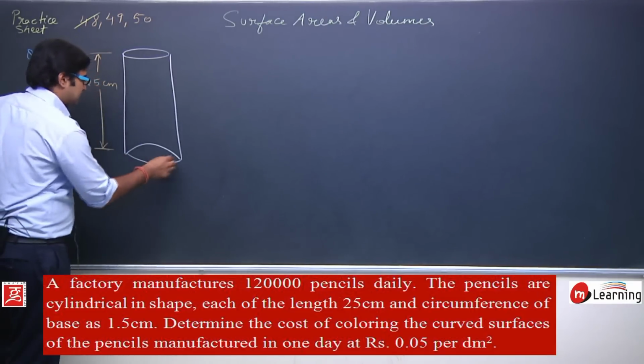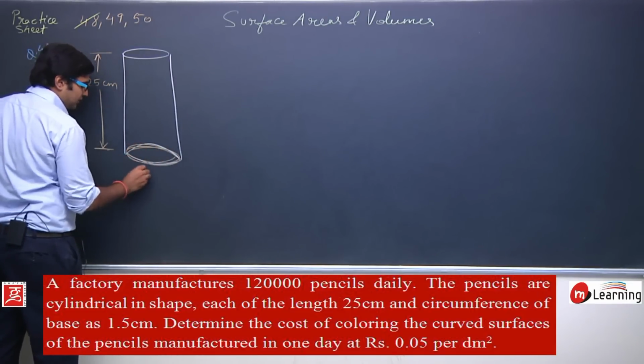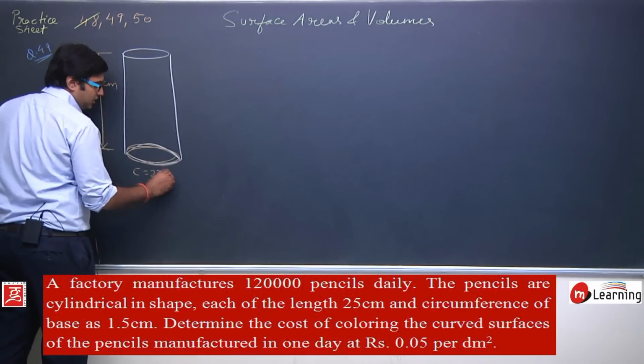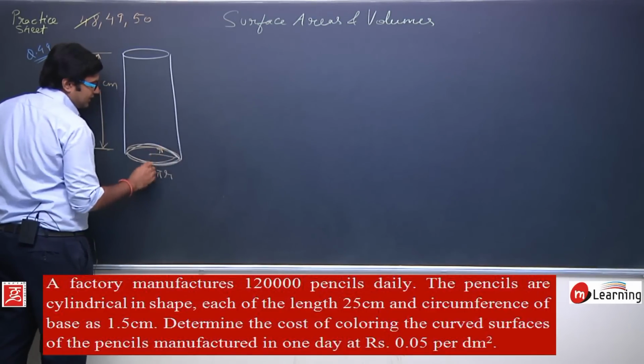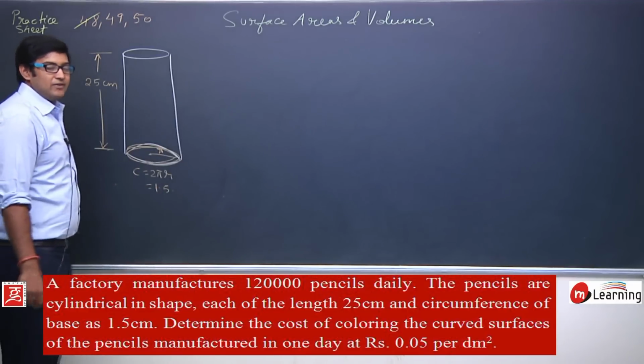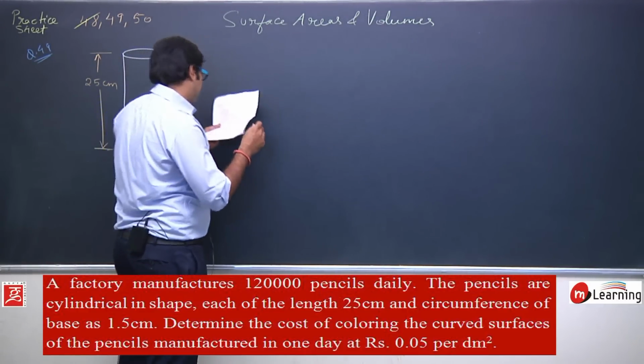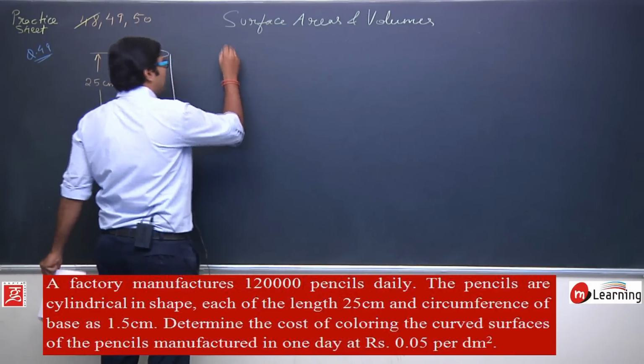Circumference means this boundary of its base. This boundary, circumference C, which is 2 pi r, where let us say r is the radius, this is given as 1.5. Okay, circumference is given as 1.5, and there are 1,20,000 pencils daily manufactured.